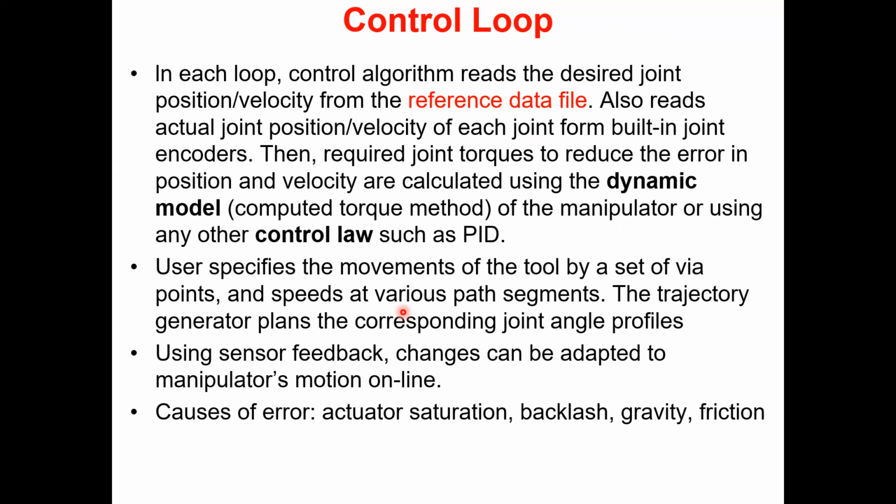What are those errors? Namely, actuator saturation. If the controller fails to achieve the reference point within the control horizon, that is about 10 milliseconds in the previous example, by the time the servo controller receives the next reference command, it's already falling short. So now it has to cover even more angle than what it was supposed to do in the previous 10 milliseconds.